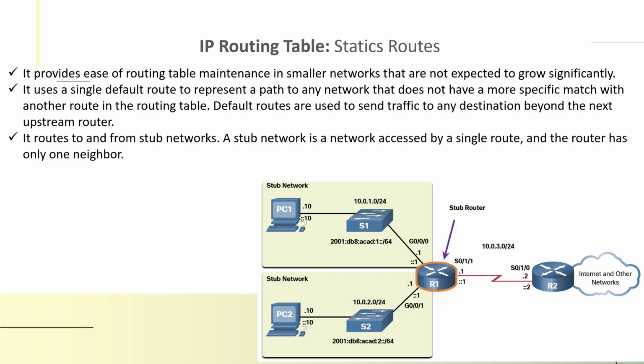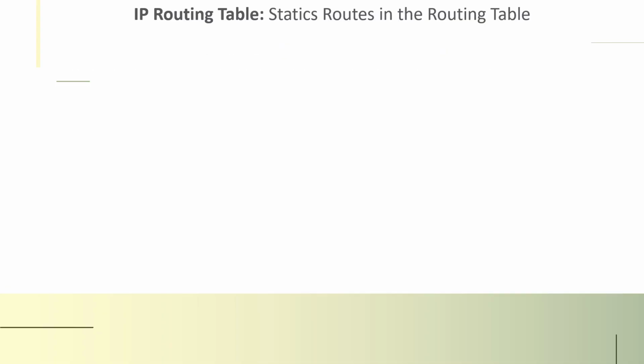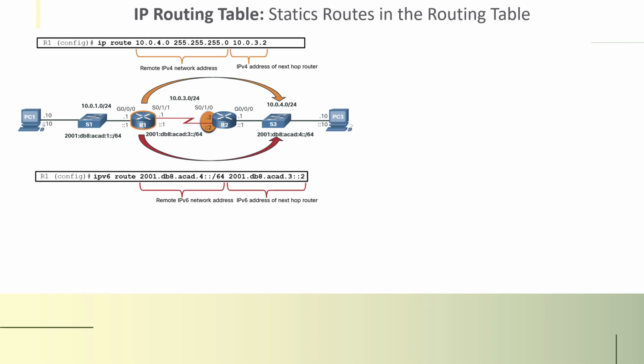For demonstrating static routes, the topology in this figure is simplified to show only one LAN attached to each router. Here, the figures show IPv4 and IPv6 static routes configured on router 1 to reach networks on router 2.